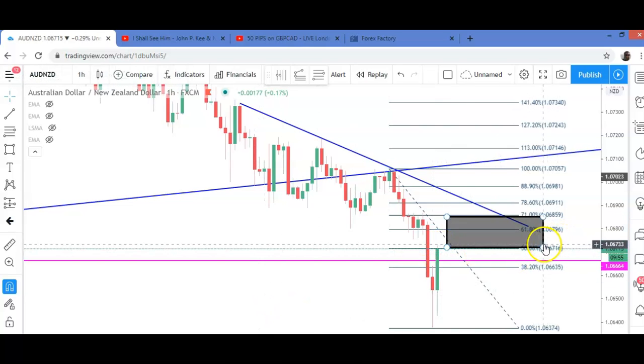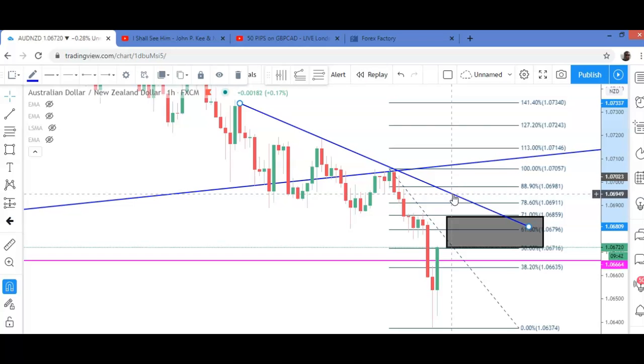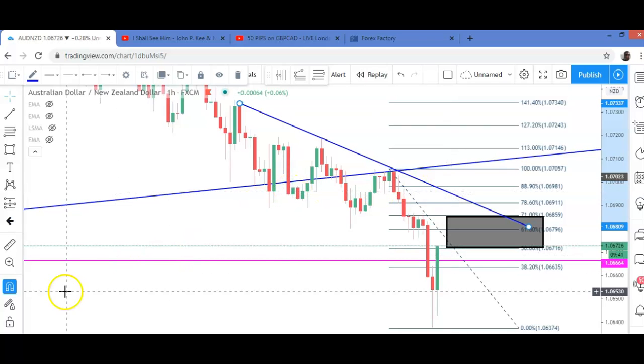Okay, so we've already actually reached the 50% retracement line. I do believe it'll continue to go up and possibly touch this resistance line. So stay tuned.